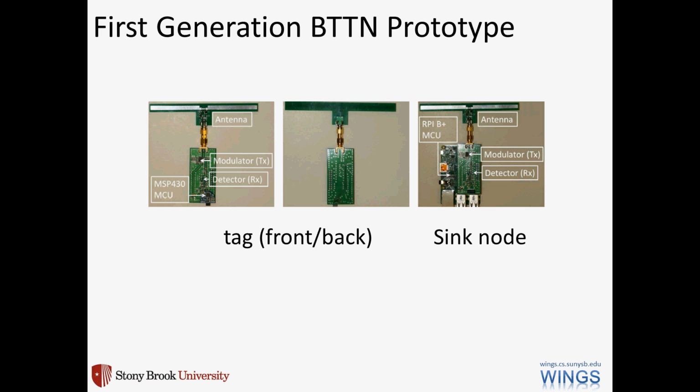By replacing this MSP430 with a Raspberry Pi, we can have a gateway node. It is connected to the internet, so it can connect all the IoT devices, all the button devices, to the internet. Therefore we have an IoT platform which consumes very small power in transmitting and very small power in receiving.